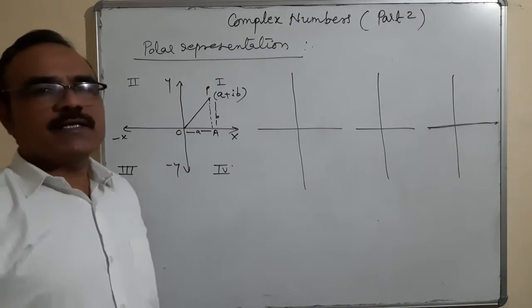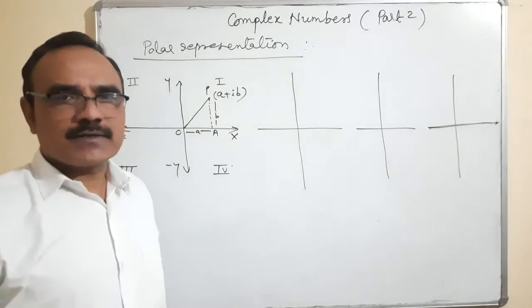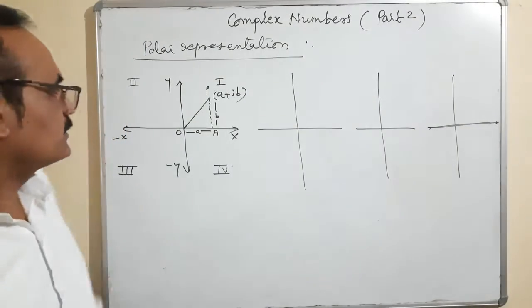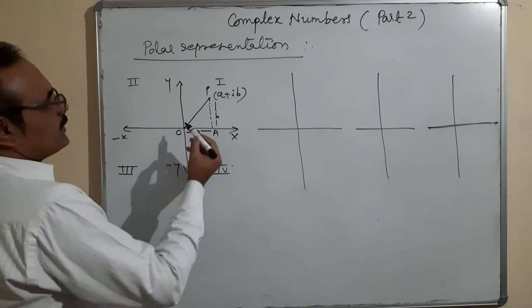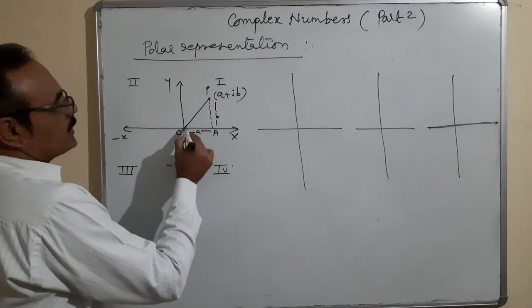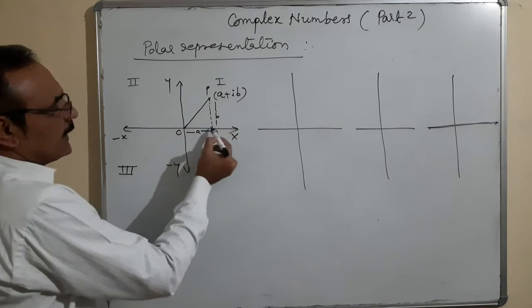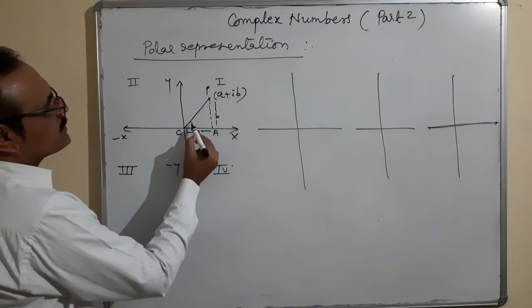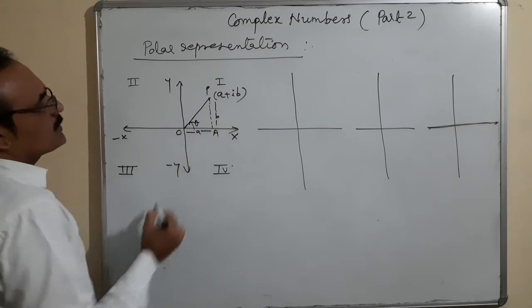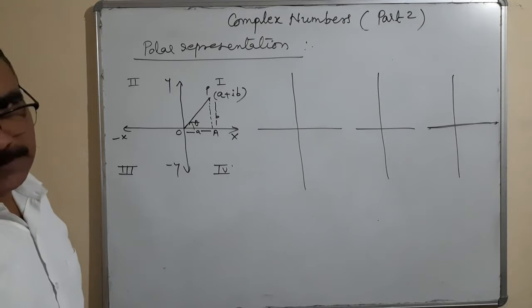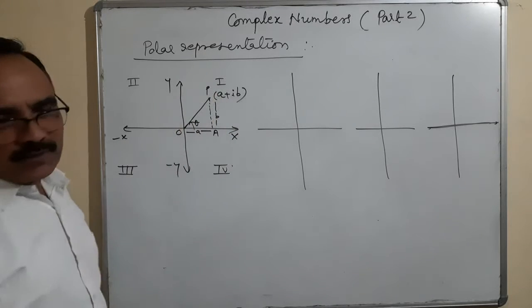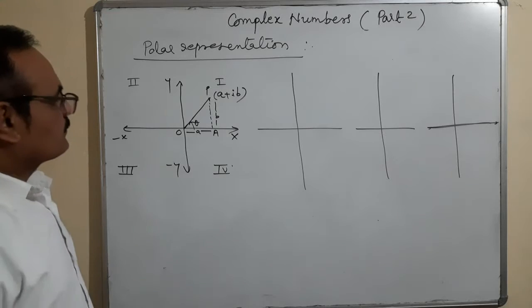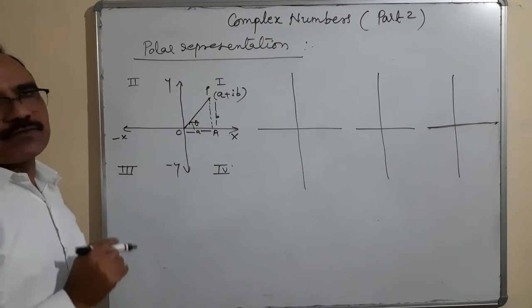So this complex number is in the first quadrant, from 0 to 90 degrees. O is the vertex of this angle. Suppose this angle is theta. Theta can increase, and the position of P also changes. So this angle is theta, in the first quadrant.